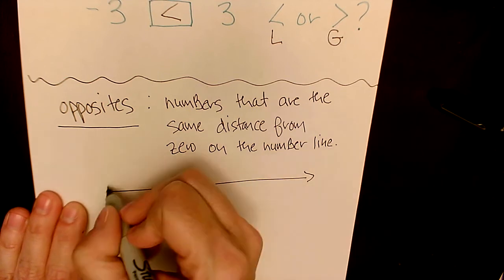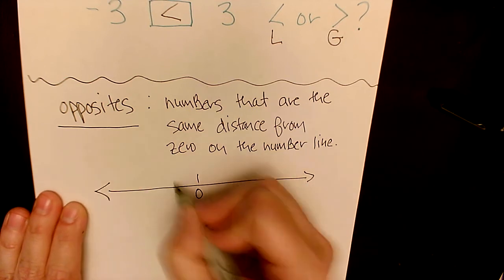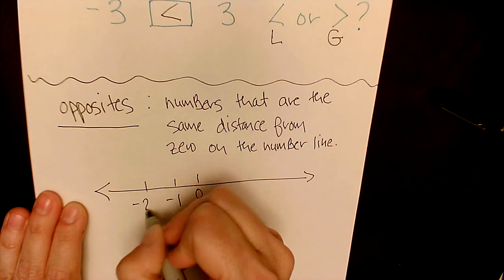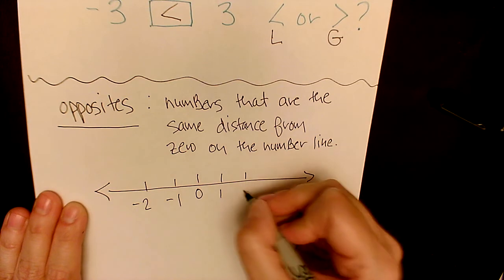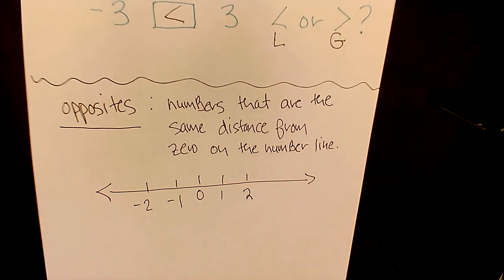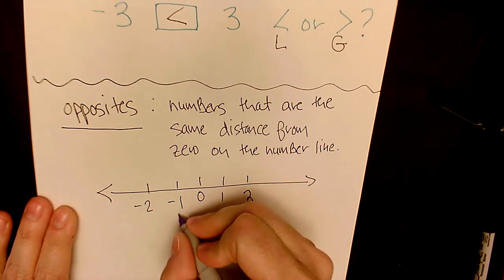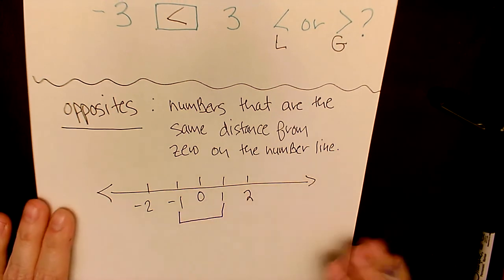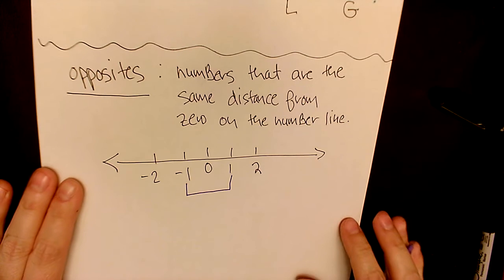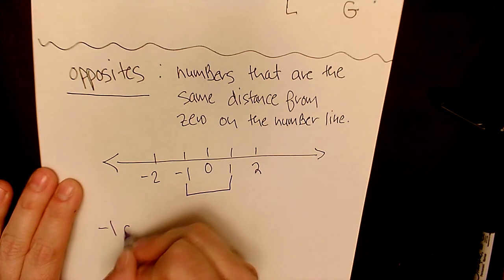So just a quickie number line here. We say that negative 1 and 1 are opposites.